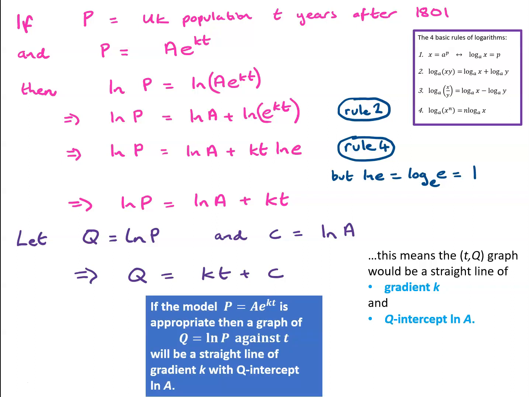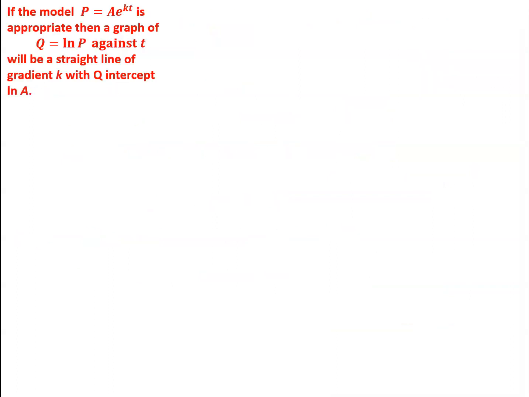So we have shown that if the model p equals ae to the kt is appropriate, then a graph of q, which equals the logarithm of p, against t will be a straight line of gradient k and with q-intercept equal to the natural logarithm of a. So there's the important result that we've just commented on.